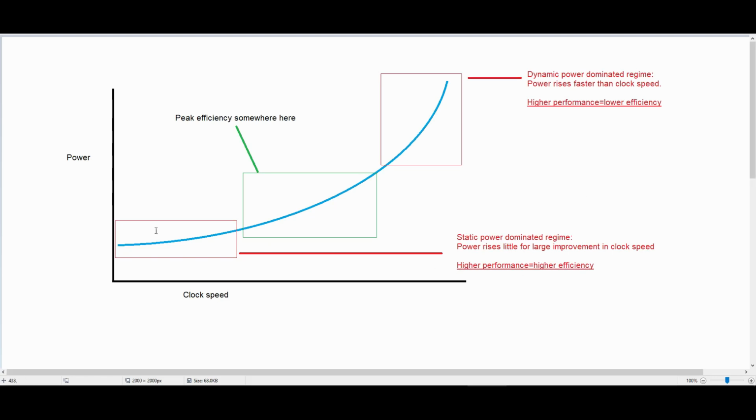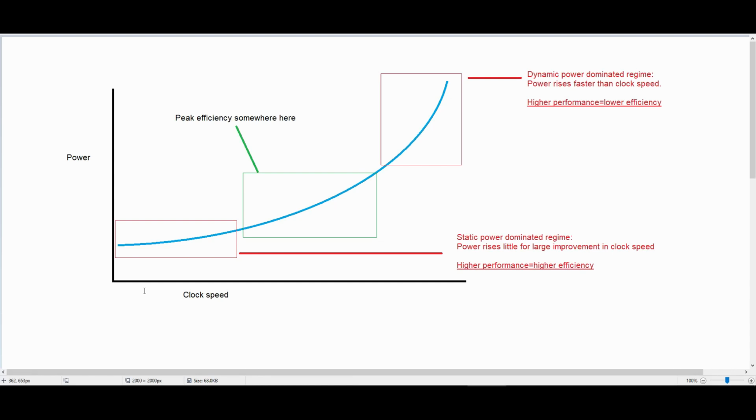So essentially, as we move from a very low clock speed up to the middle, we get higher performance and higher efficiency as well. And if we go too far, we'll get more performance, but our efficiency will taper off, and at some point we won't be able to increase the performance anymore.